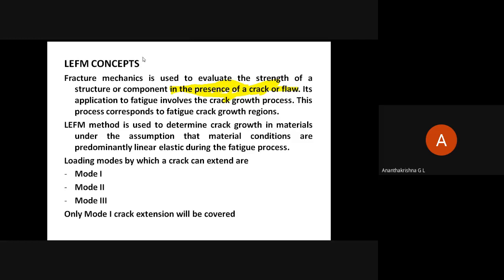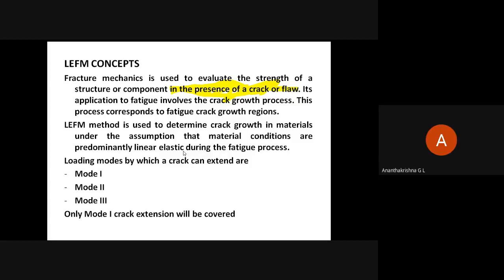So LEFM adopts fracture mechanics, which presumes the presence of a crack. And the LEFM method assumes that the material conditions are predominantly linear elastic during the fatigue process. Linear elastic means it behaves as per which law? Hooke's law.